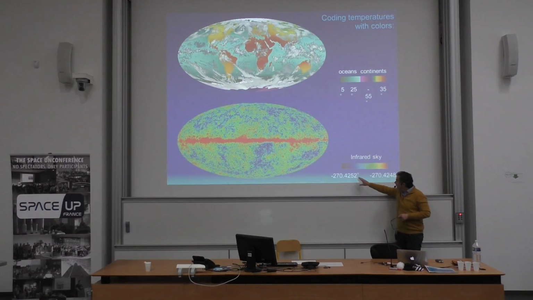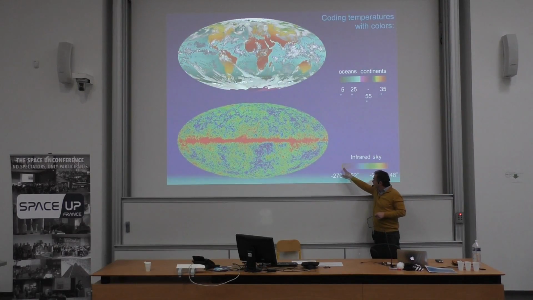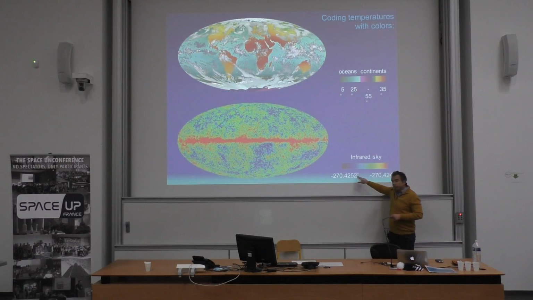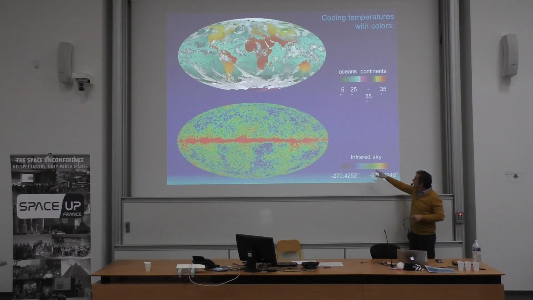The darker, very cool points are minus 270.4252 degrees Celsius. And the very warm red are minus 270.4248. So these are very small differences in intensity and temperature.